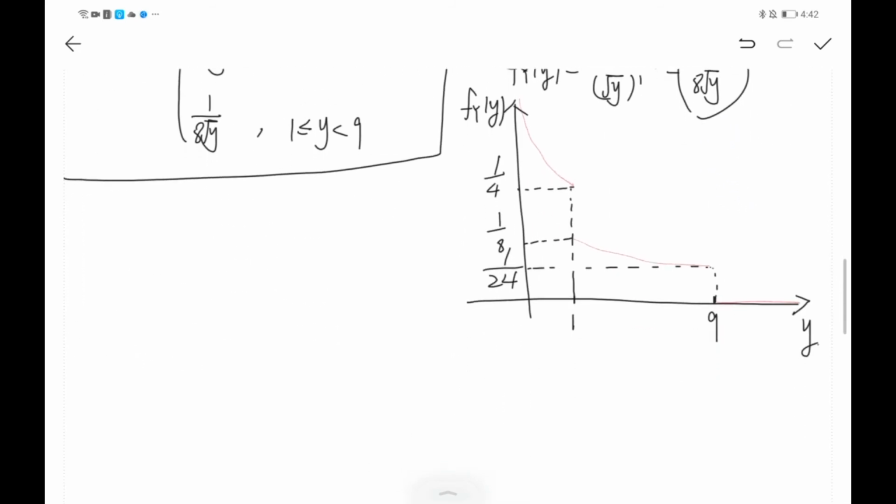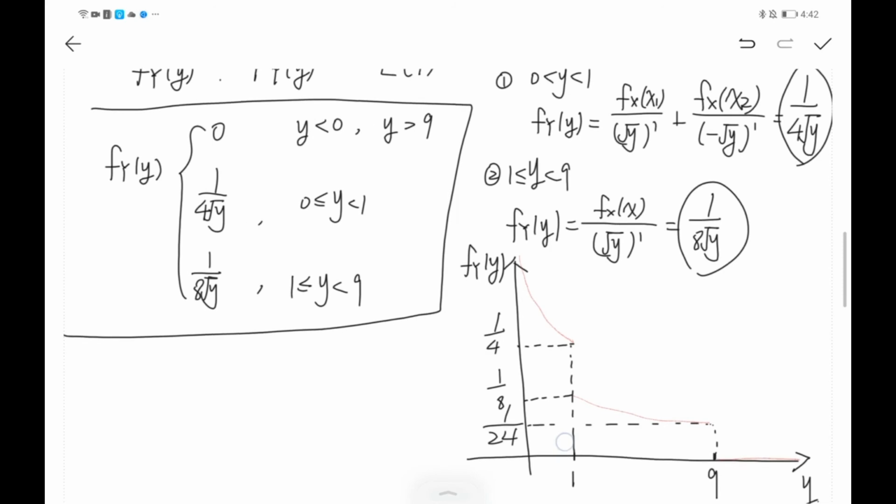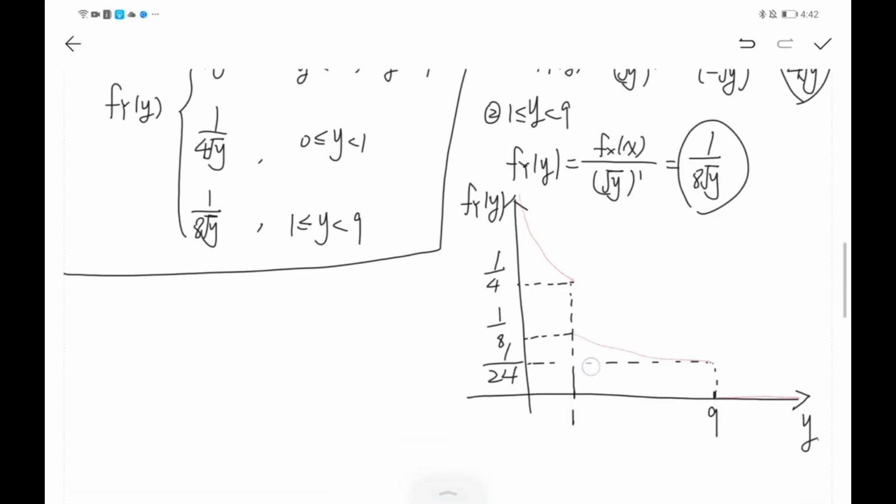Then we should compute the distribution function of y.